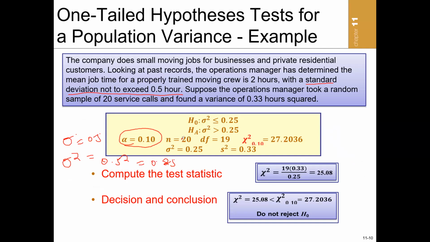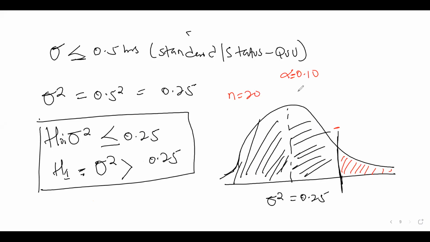That would mean that the degree of freedom is n minus 1, so we are going to get 19. So our task now is to read 19 degrees of freedom and alpha of 0.1 from the chi-square curve.